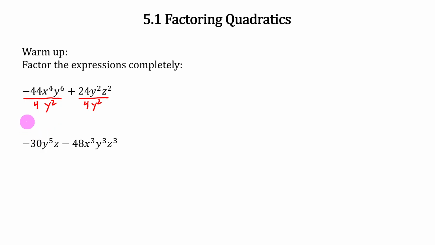So that 4y squared is going to go on the outside. And I'll have negative 11 x to the fourth y to the fourth plus 6. The y squareds become 1, z squared.